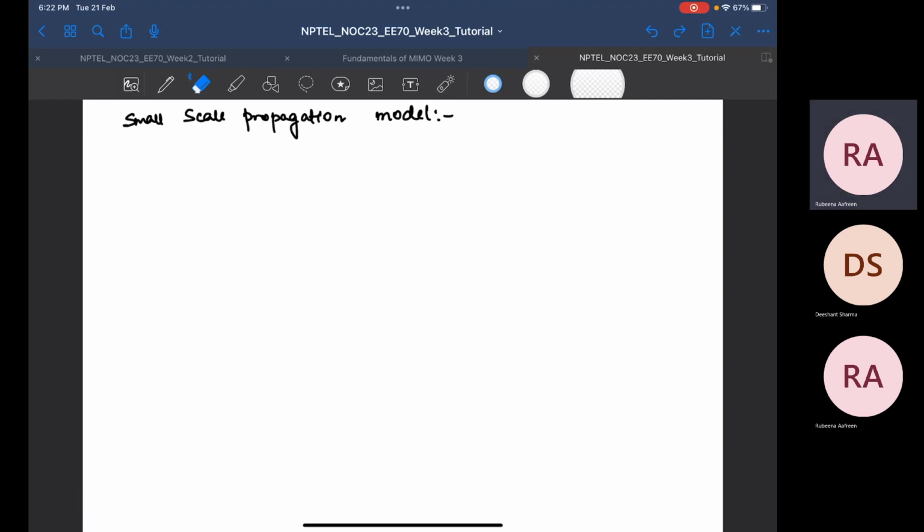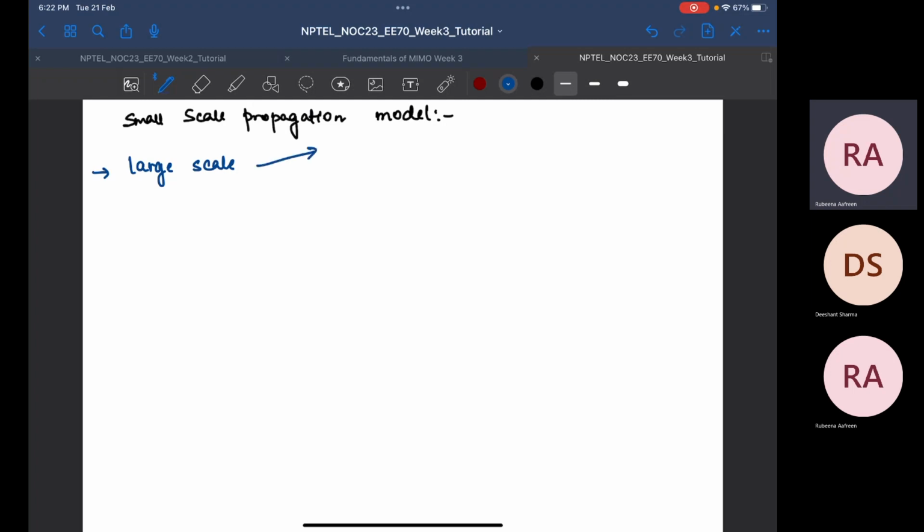Last week we discussed the large scale propagation model, and today we will discuss the small scale propagation model. As we discussed previous week, there are two types of models we are considering: the large scale propagation model and the small scale propagation model.